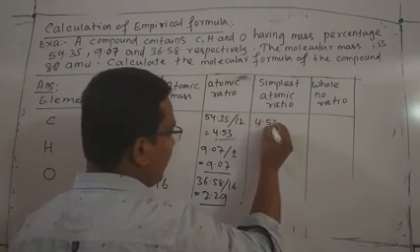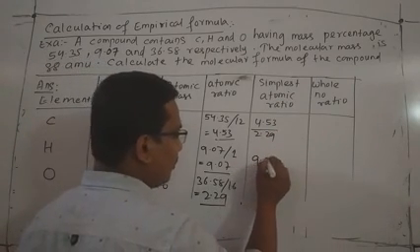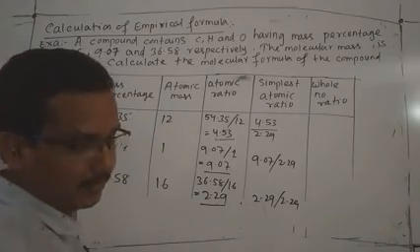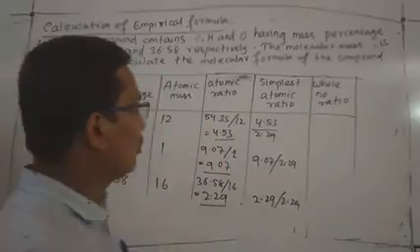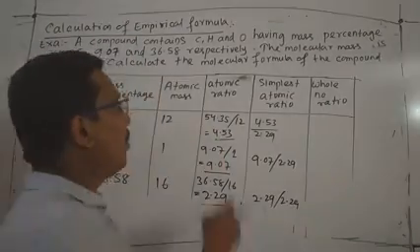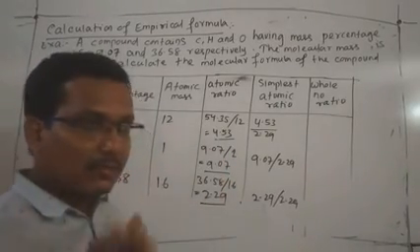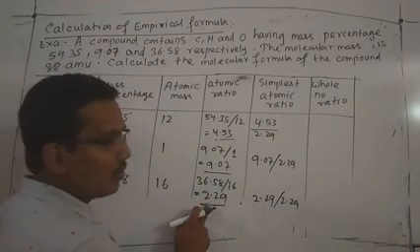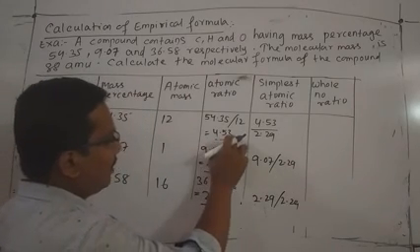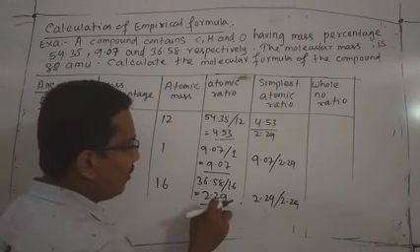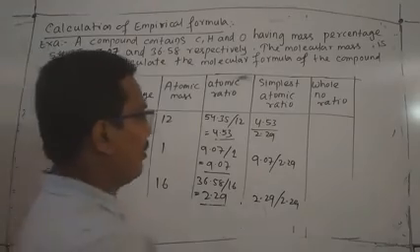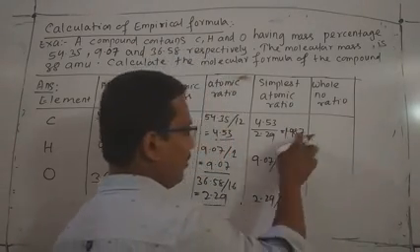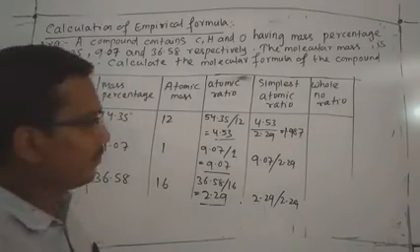That means 4.53 divided by 2.29, 9.07 divided by 2.29, and 2.29 divided by 2.29, which is divided by itself. The basic rule is to select the smallest value among the atomic ratios, then divide all the atomic ratios by it. By solving this, we get about 1.987.